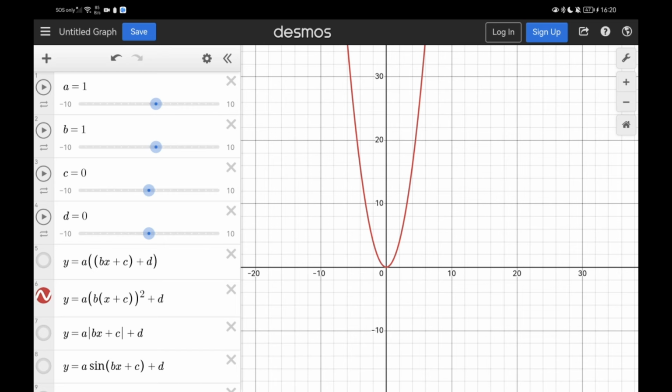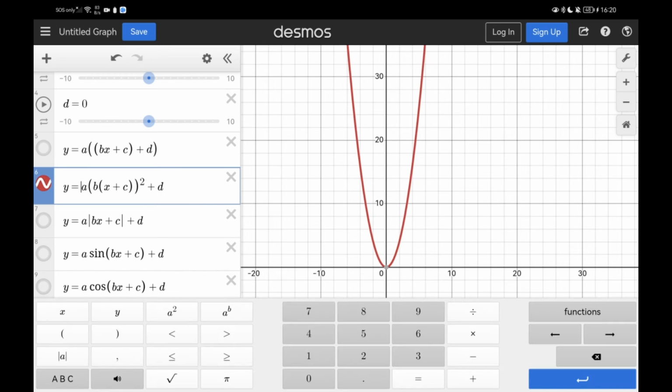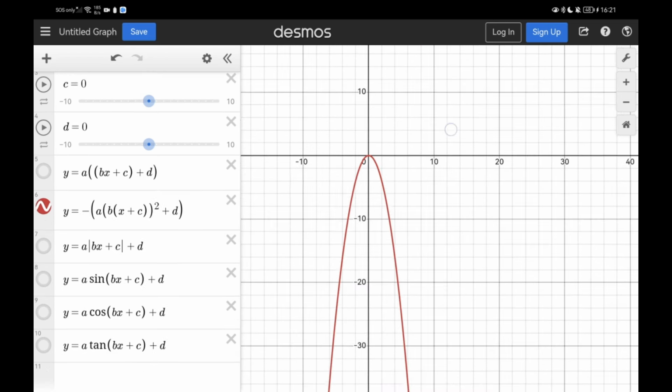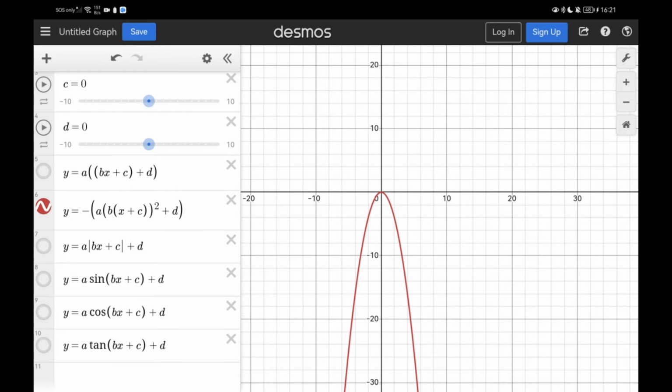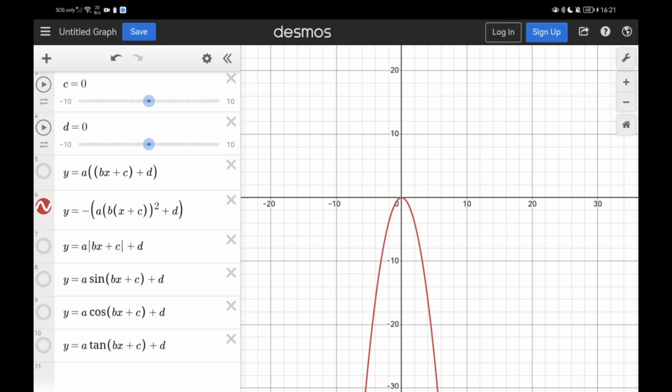Okay, so let's explain about the reflection. If I want to reflect this entire function in y, I need to bracket it up. So I put negative here. Okay, so it will reflect in the x-axis if I reflect the entire function like this.